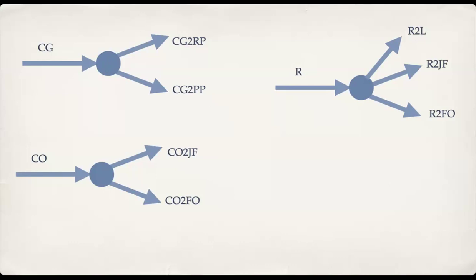Cracked oil is also the same, right? Cracked oil we send to blend jet fuel and fuel oil. The last component, residuum. Residuum can be used for blending the jet fuel or fuel oil. And the rest we use to form the lube oil.